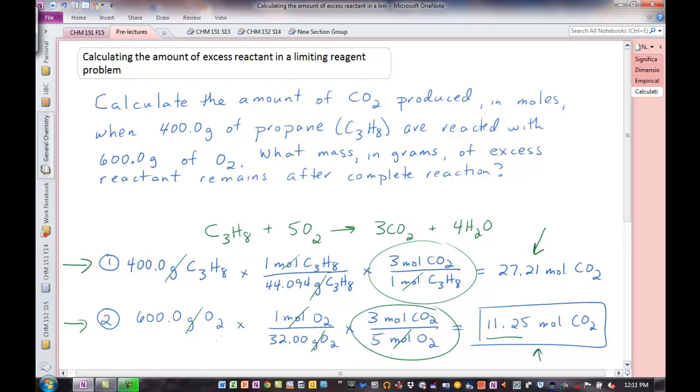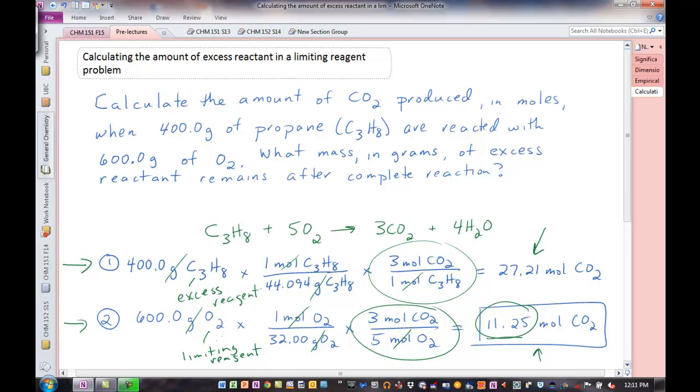The amount of O2 limits how much product we can get. The O2 runs out, reaction stops, and we only get 11.25 moles of CO2. So oxygen is clearly our limiting reactant or limiting reagent. And the other reactant, in this case propane, must be our excess reactant or excess reagent.